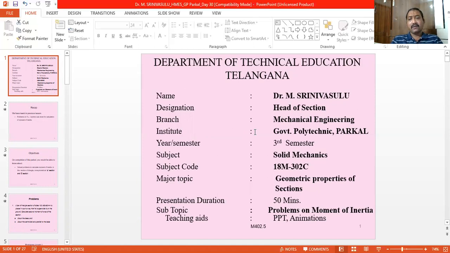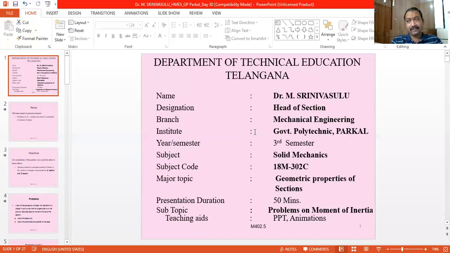Then x bar is equal to a1 x1 plus a2 x2 plus a3 x3 and so on, by a1 plus a2 plus a3 and so on. And similarly the y coordinate is equal to a1 y1 plus a2 y2 plus a3 y3 by a1 plus a2 plus a3 and so on. The coordinates of the centroid can be found like that.